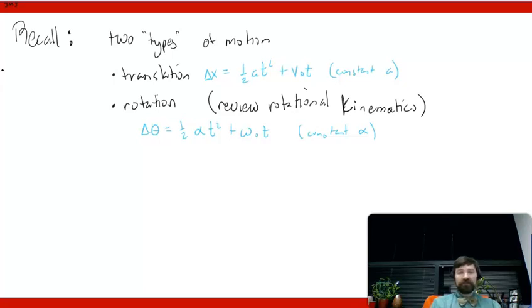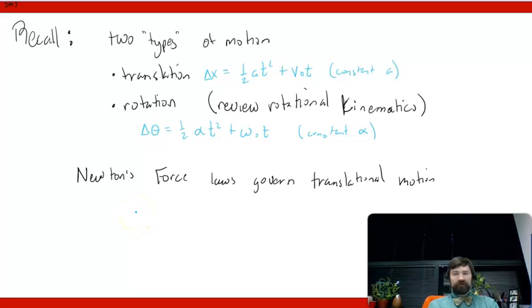And then the other thing to note is that we've encountered Newton's laws. Newton's laws govern translational motion, at least in their force form. In particular, for an object whose mass isn't changing, the sum of forces is mass times acceleration.